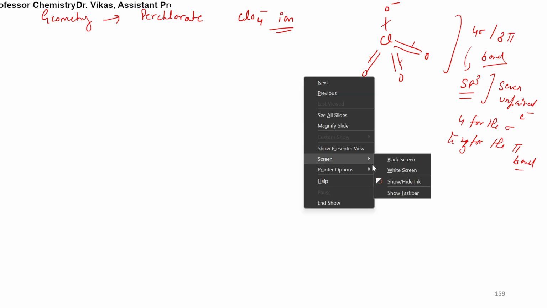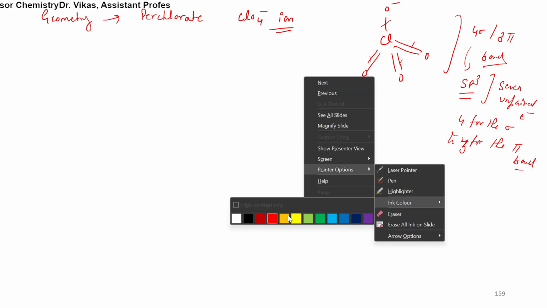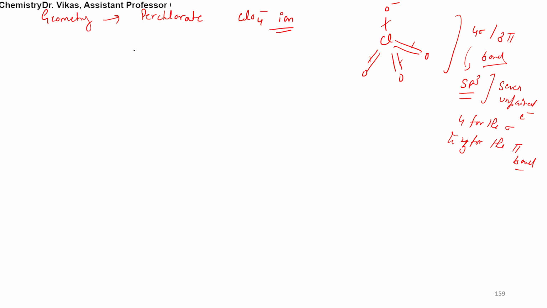So let's start with the electronic configuration of the central chlorine atom. Z equals 17, neon 3s2 3p5.